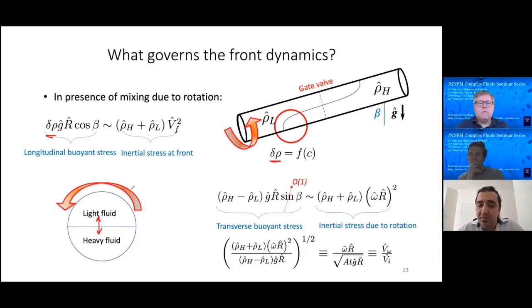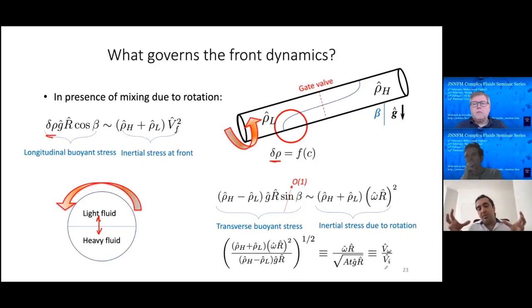So the balance between the two can be written in simplified terms as omega r times square root of ATGD. The numerator is the characteristic rotational velocity, and the denominator is the characteristic inertial buoyant velocity.